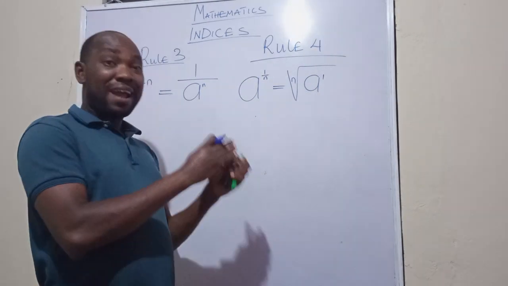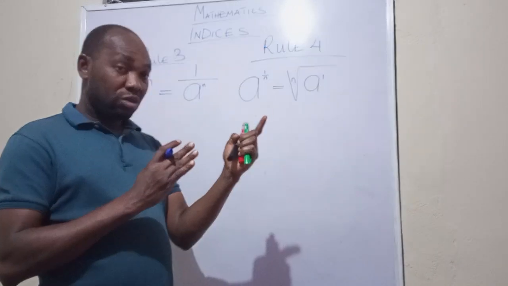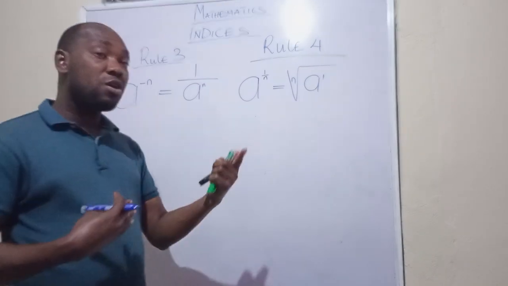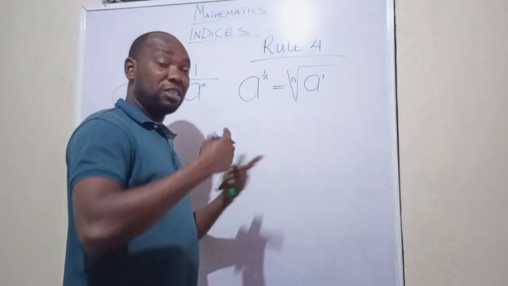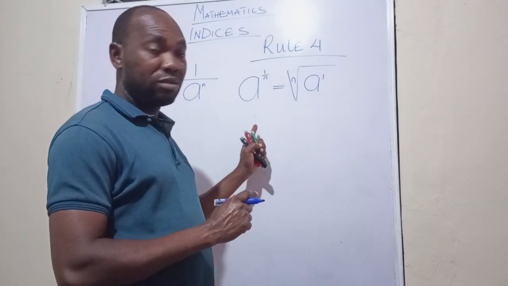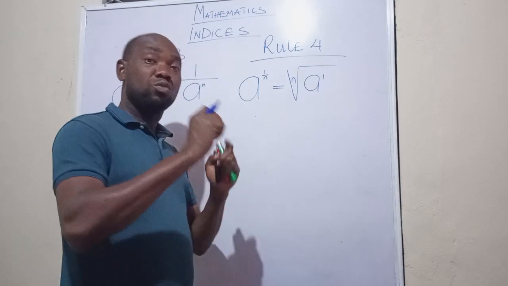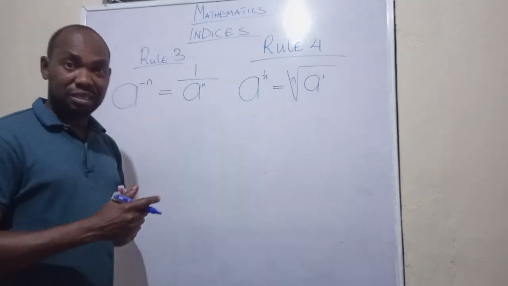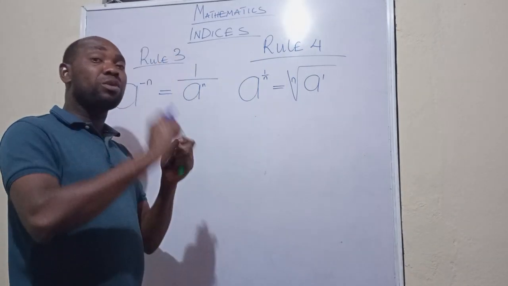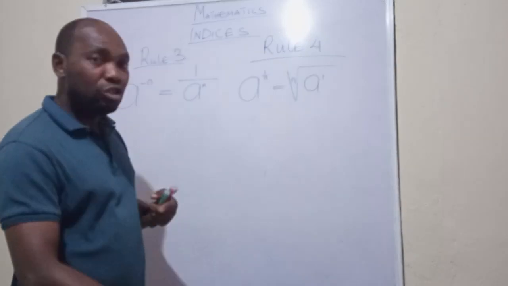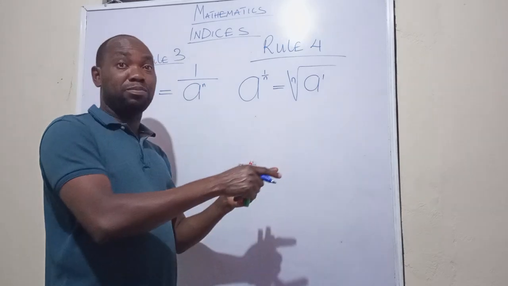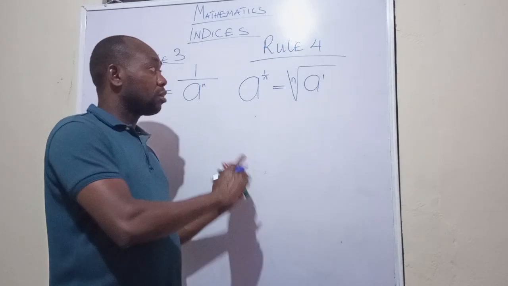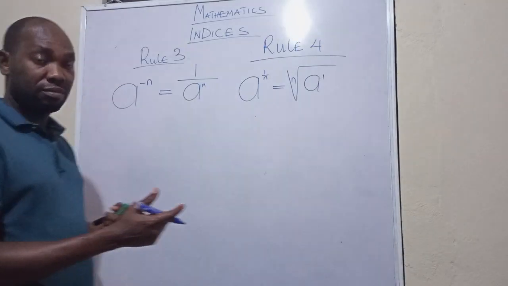When we have an index that is in the ratio, automatically one of the indices will be the root of that number, and one will still remain as an index. The one that is the numerator will remain as an index. The one that's the denominator will become the root. And that's another principle. That is rule 4 of the law of indices.